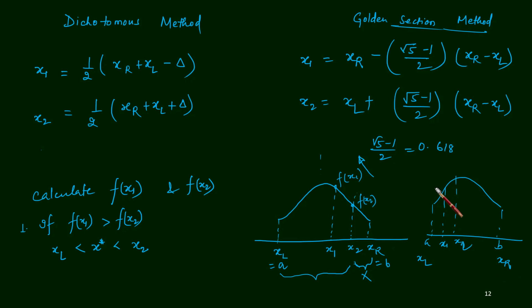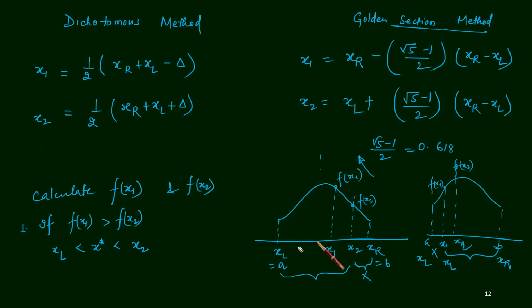Here you see fx1 is less than fx2. In that case the maxima will lie in this direction. So this we will consider and this we will exclude. That means now xl will shift here and xr will remain the same. Clear or not?